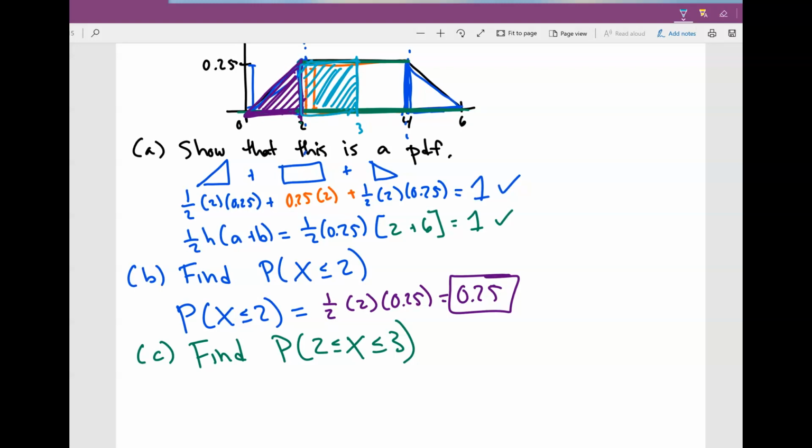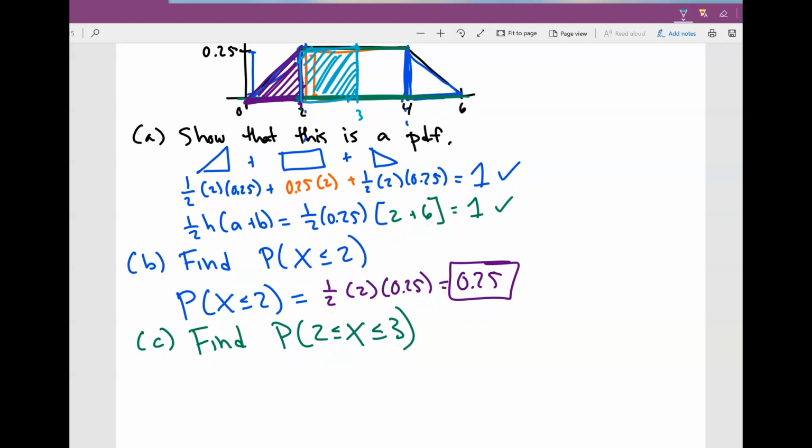So we're going to find this area. The probability of x being between 2 and 3 is going to be length times width. The length in this case is the difference between 2 and 3, which is just 1. And the width is this thing, which is 0.25, so the answer is still 0.25.